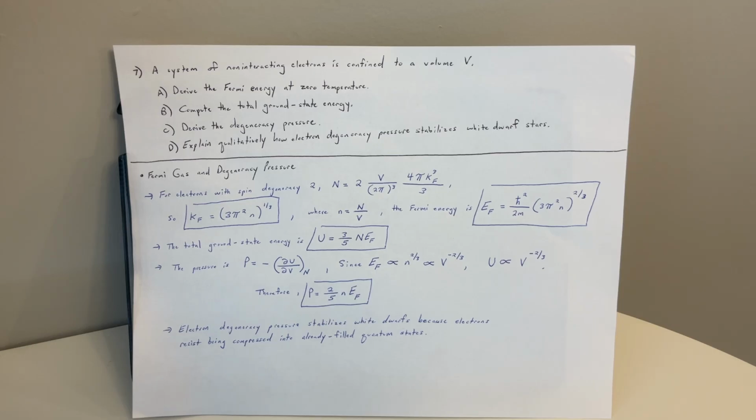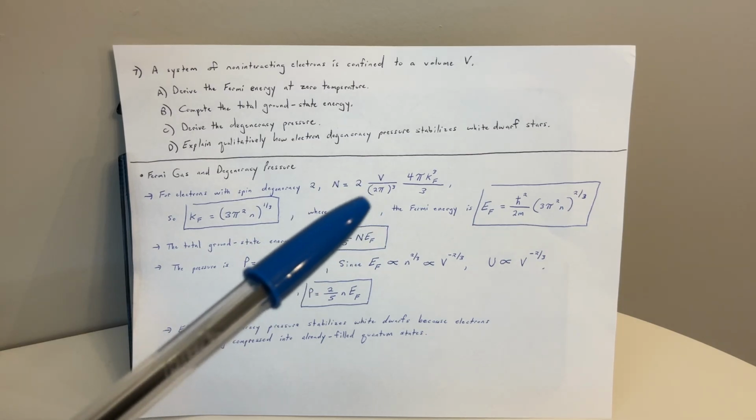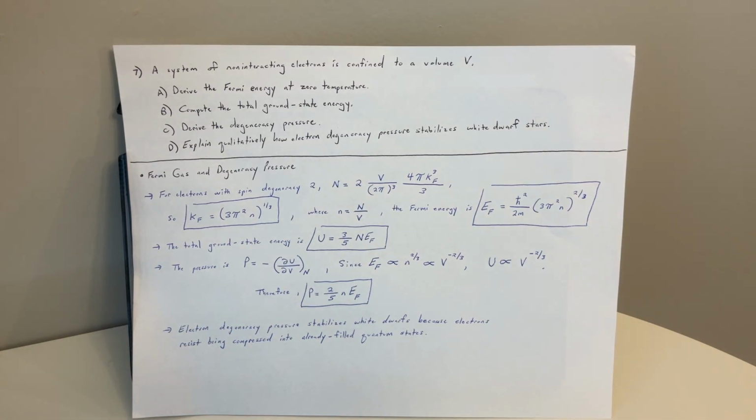So we'll go through A through D in a condensed manner, and then I'll go over the derivation of part A more in detail on the second page. So Fermi gas and degeneracy pressure for electrons with spin degeneracy 2: n equals 2 times (V over (2 pi) cubed) times 4 pi k_F cubed over 3.